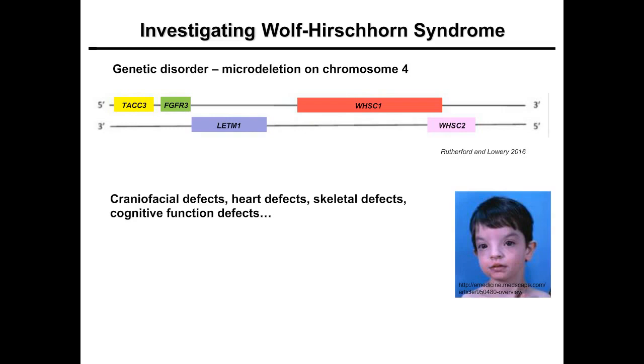But what's interesting is that very little is known about the embryonic function of these 5 genes. FGFR3 they know somewhat about, but for the other genes, their possible functions during development had not been characterized.